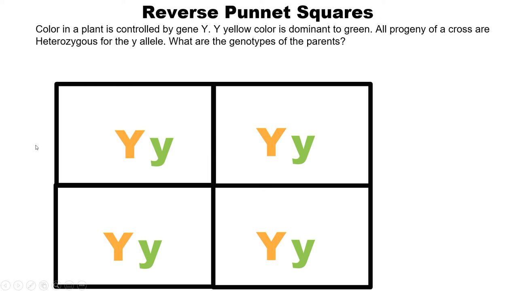If we just drag it back on this row, we can also guess that this Y went back for this parent. So one of the parents has to be homozygous dominant, and when we repeat this for our columns, in both cases we're going to say that the smaller y came from the parent up top. So now I know the genotypes of the parents: homozygous dominant for one and homozygous recessive for the other.